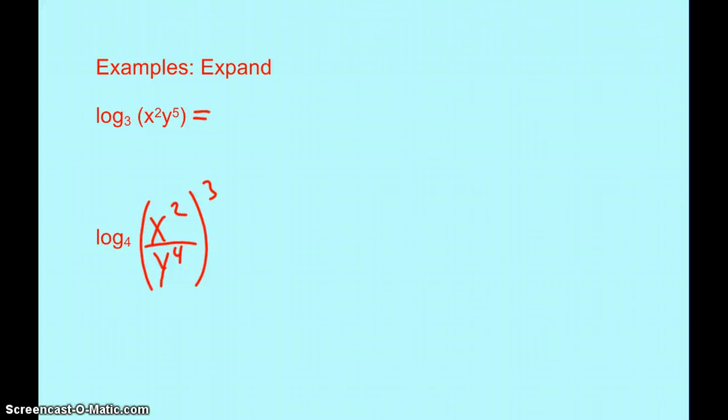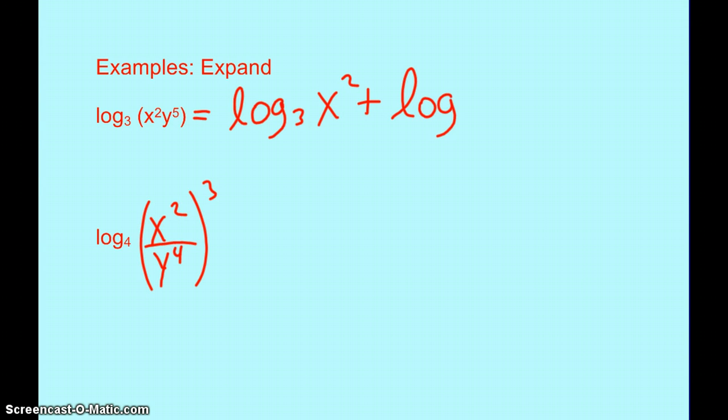The first one, log base 3 of x squared y to the 5th. I have a multiplication, so I can rewrite that as log base 3 of x squared plus log base 3 of y to the 5th. When I'm expanding, I'm taking a single logarithm and writing it as multiple logarithms.